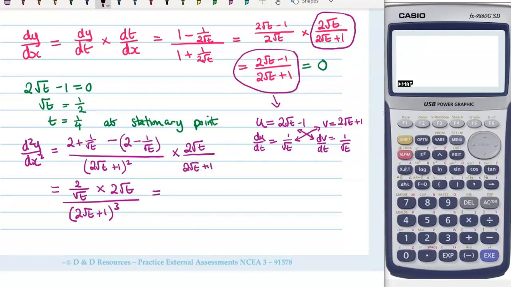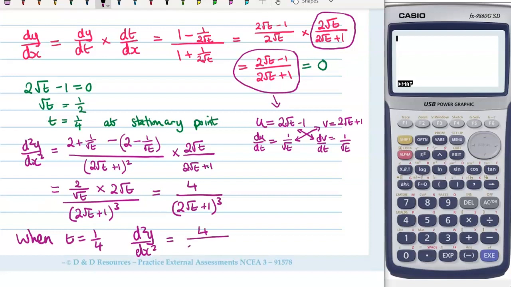Okay, so on the top there, those root t's cancel, and we have 4 over 2 root t plus 1 cubed. Now, when t is a quarter, the second derivative will be 4 over 2 times the square root of a quarter plus 1 cubed.